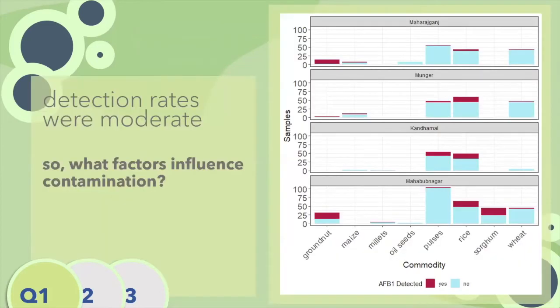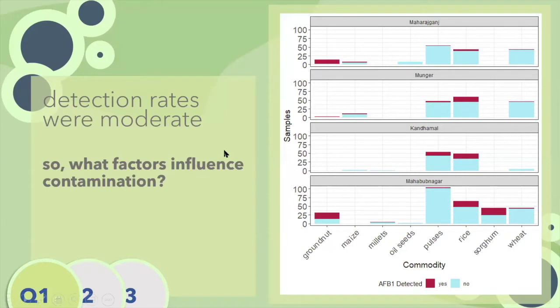But if we zoom in even farther towards sample detection rates, we can see across the 4 districts, Maharajganj, Munger, Kandhamal, and Mahabubnagar, that within each commodity type, the detection rates were quite moderate. And so we were really keen to understand, what is resulting in a red, contaminated sample versus a blue sample? And are there features of the food systems that we can identify that might give rise to a detected sample more often than not?